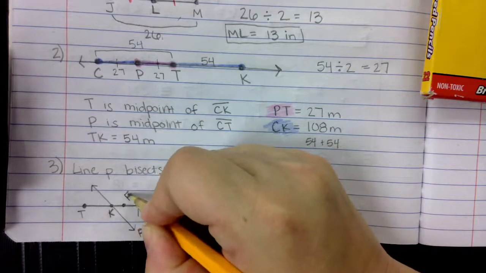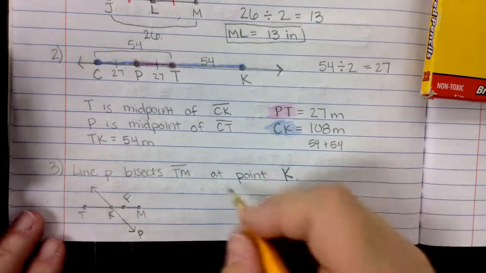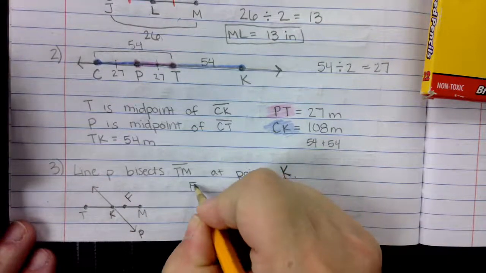Okay, so then we also know that FM, the measure of F to M, is 7 feet. So let's label that. That little bit there is 7 feet. And this segment here, T to K, is 13 feet.